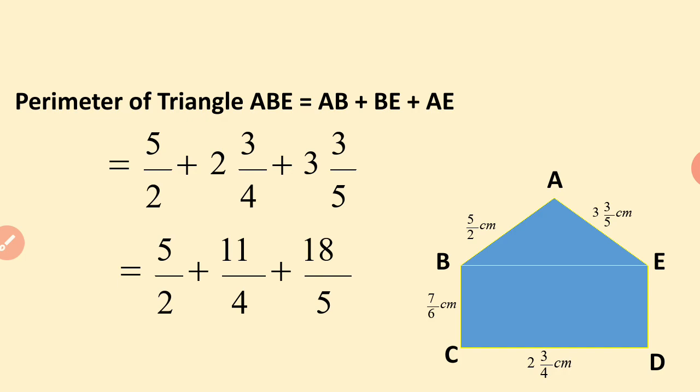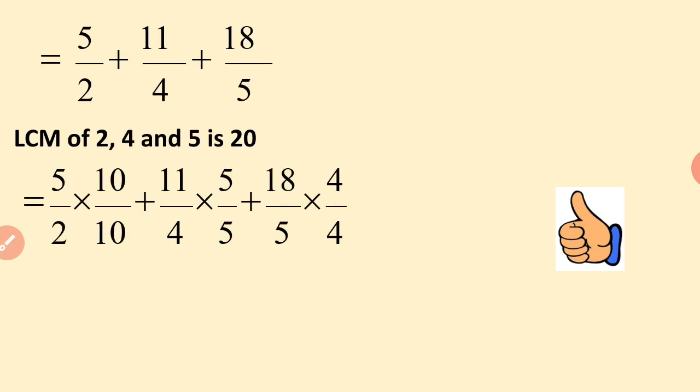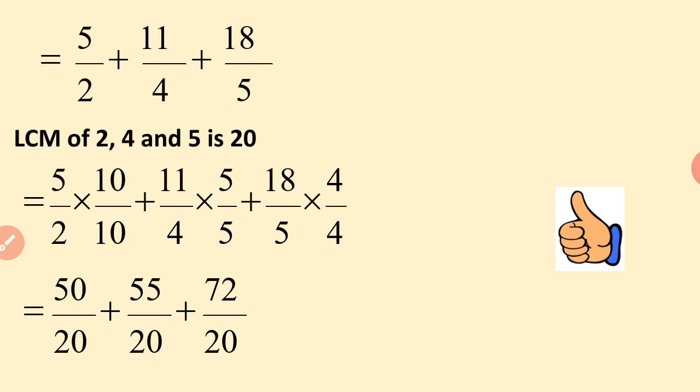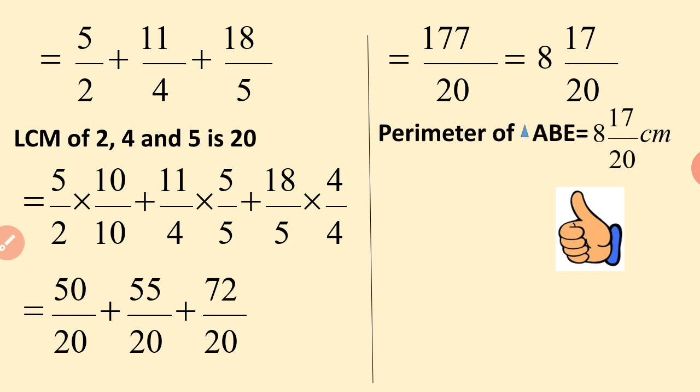First of all, as usual, we are going to convert it into improper and proceed with the LCM method to get the equal denominators. Now, get the final answer by adding the numbers. Here, finally we come to the conclusion that the perimeter of the triangle ABE is 8 integer 17 upon 20 centimeter.